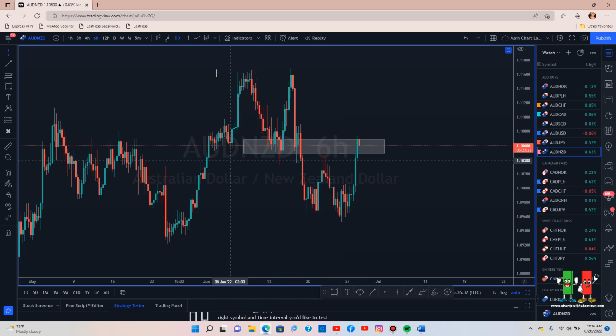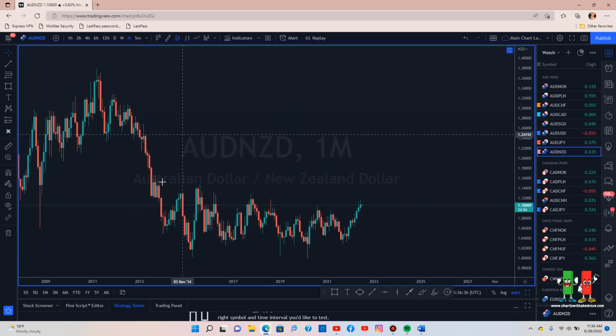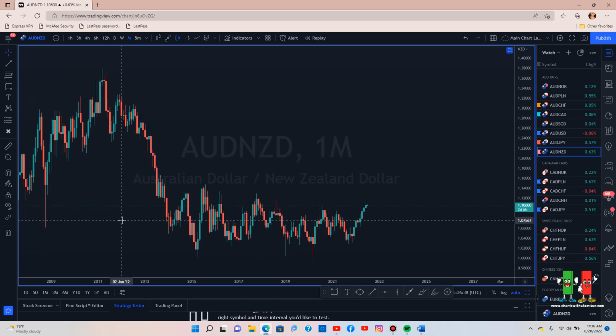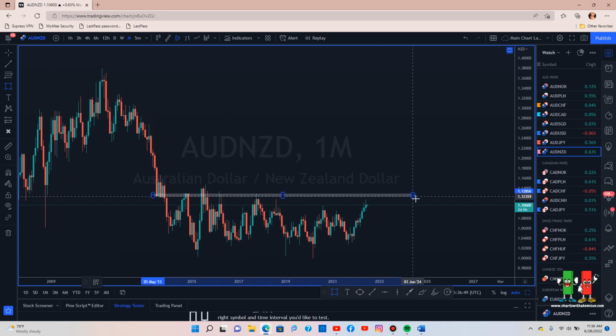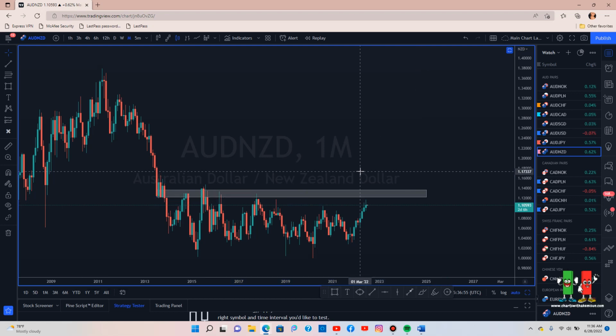So we can start with the Australian dollar and the New Zealand dollar. We start with the higher time frame. We see that with the higher time frame we pretty much are hitting a resistance area. And this resistance area is pretty choppy, so it's kind of hard to tell where it's going or where it's trying to go.